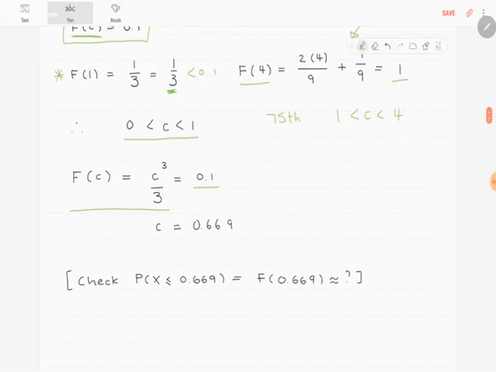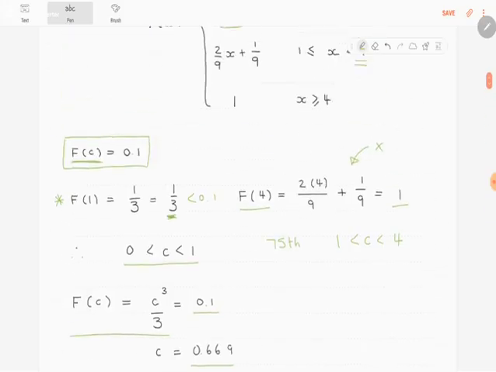Then, just like in the PDF case, you can verify your answer. Calculate P(X less than or equal to your answer), in other words F of your answer, and check. This example ends up being approximately 0.1 because of the rounding, since we had to find the cube root. That's why I have the approximate symbol, but it should be very close if you rounded off.